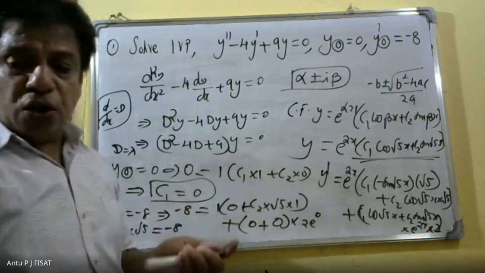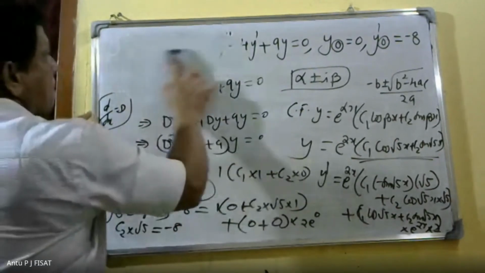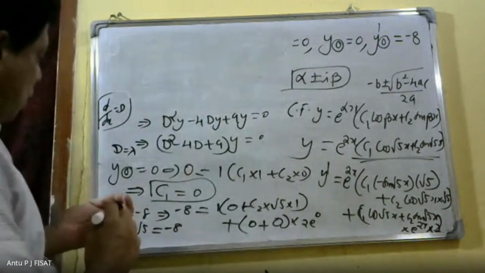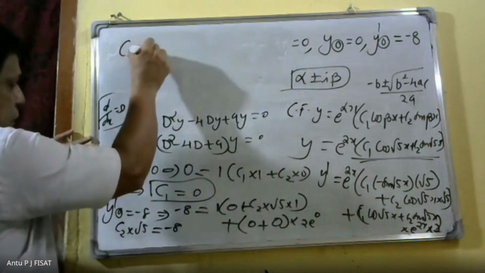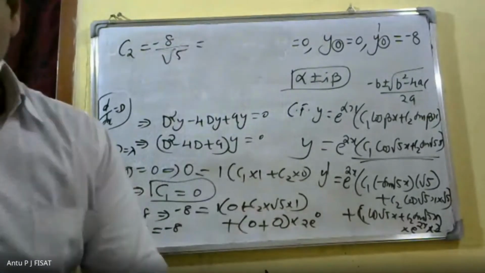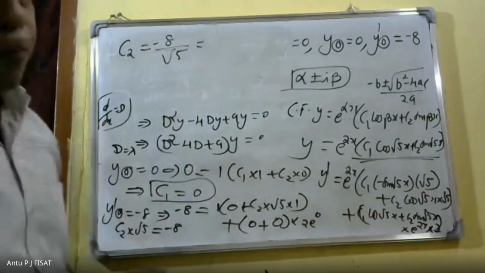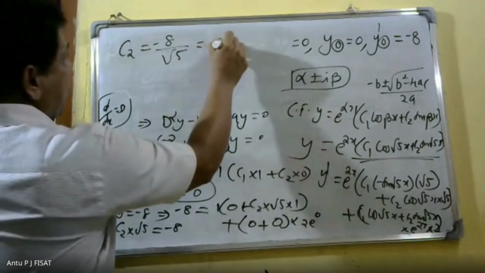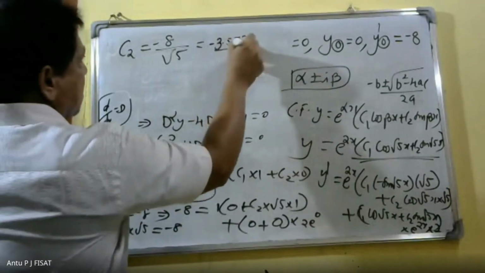Therefore, the value of c2 is equal to minus 8 by root 5, which is minus 3.577.